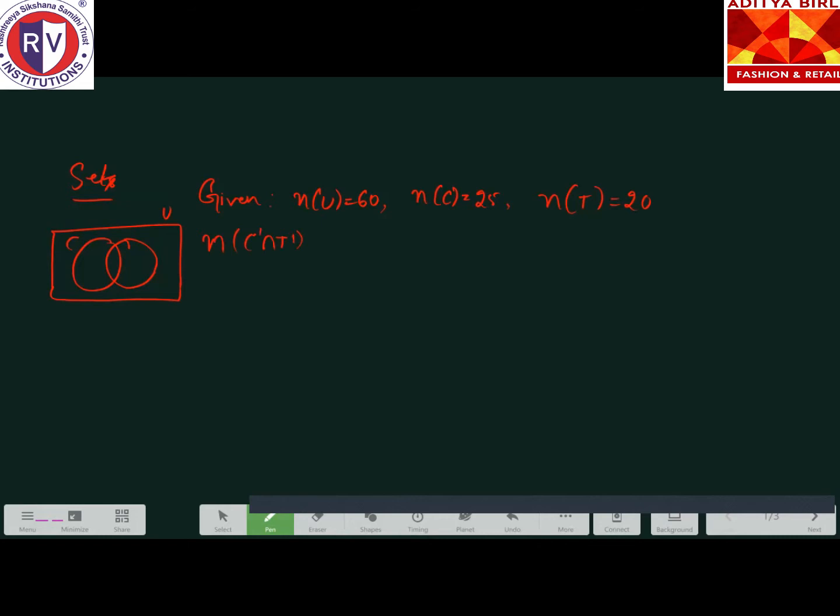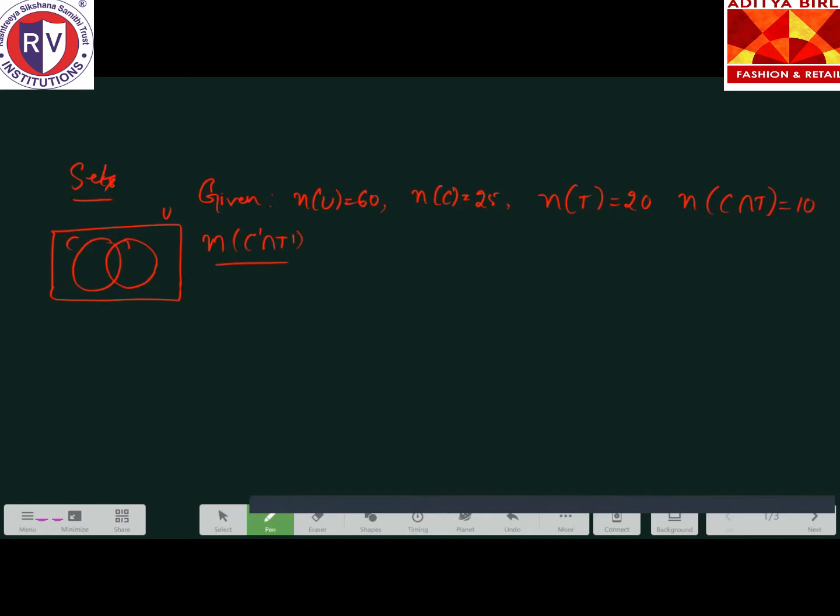It is also given that the number of students who play both the games is 10, that is N of C intersection T is 10.